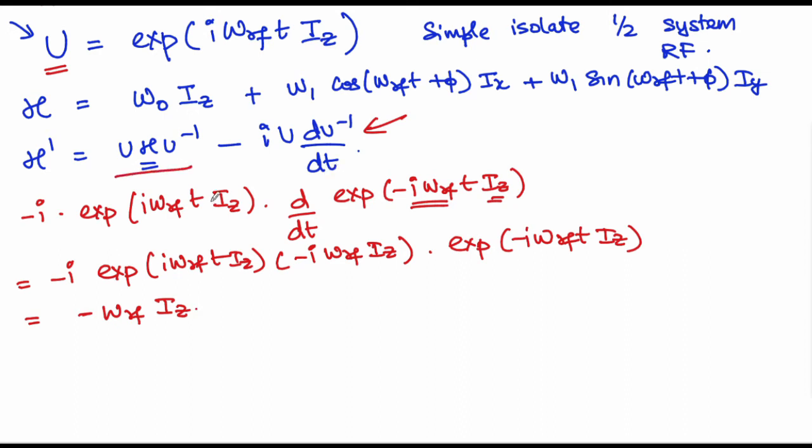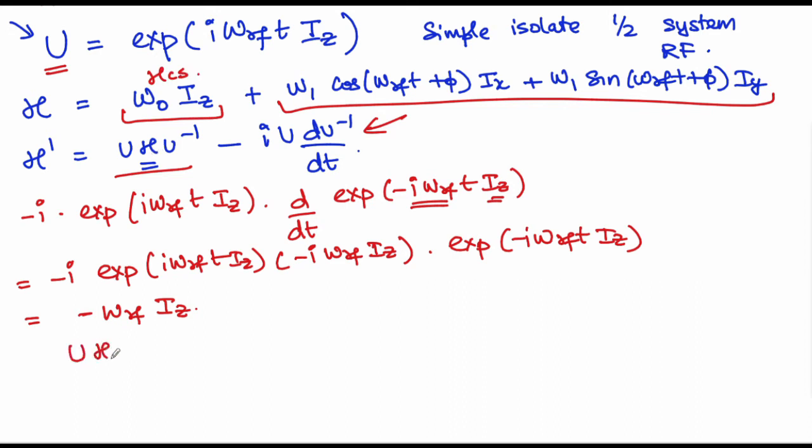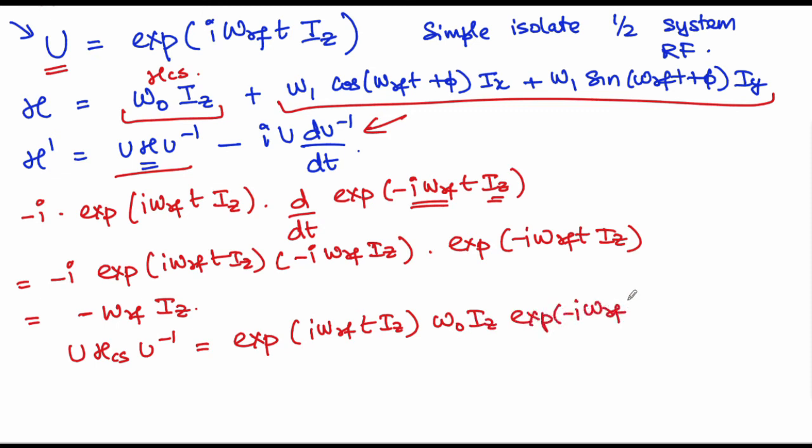The first part can also be divided into the chemical shift and the RF Hamiltonians. Let's try to do the transformation for the chemical shift Hamiltonian, which will have U H_CS U inverse. If you are able to see here, you are going to get exp(i omega_r(t) Iz) omega_0 Iz exp(minus i omega_r(t) Iz).